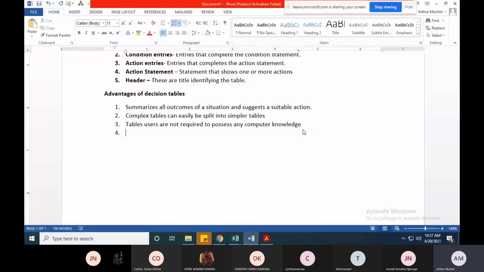Also, another advantage is better documentation is provided. You can say, tabular representation may be more workable than the flowcharts.